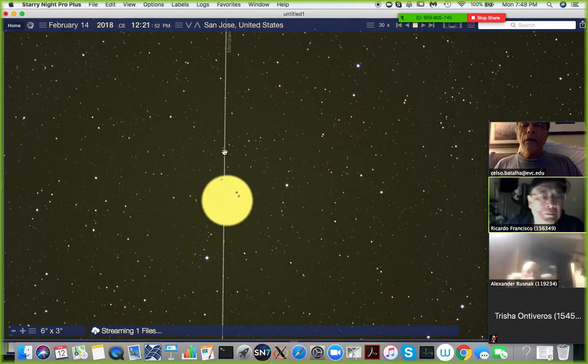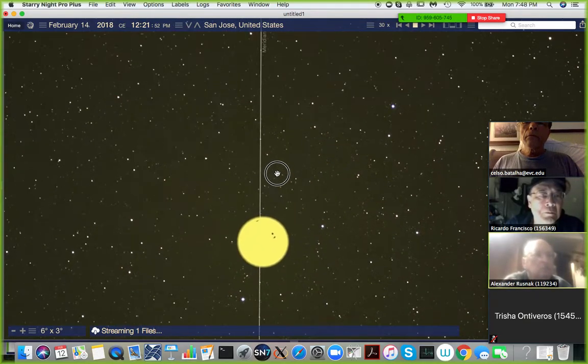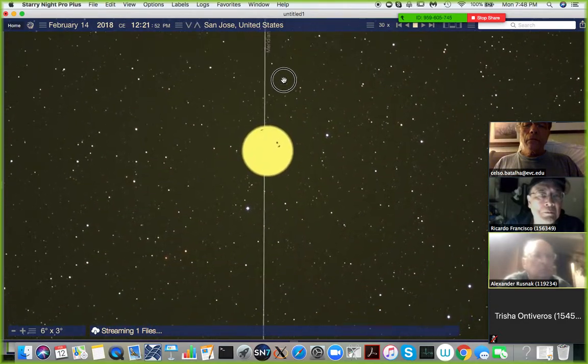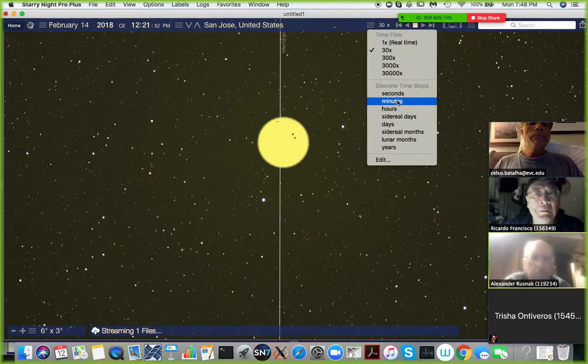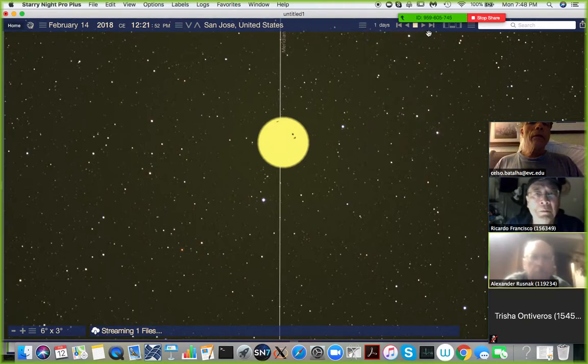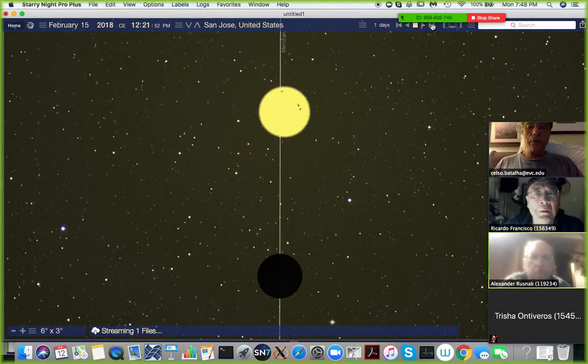See this tiny star over here? Let's see if it has a name. That was coincidence, that's the moon there.